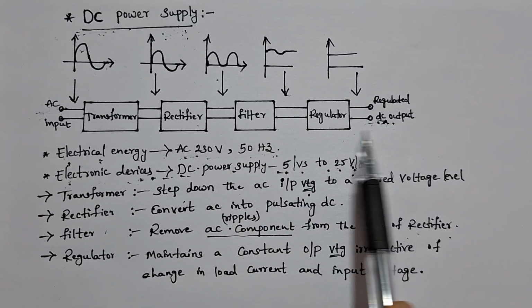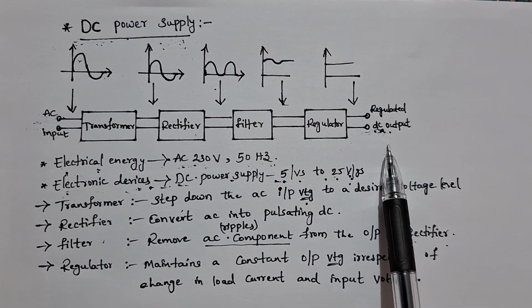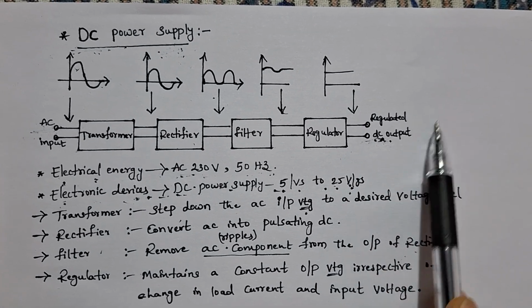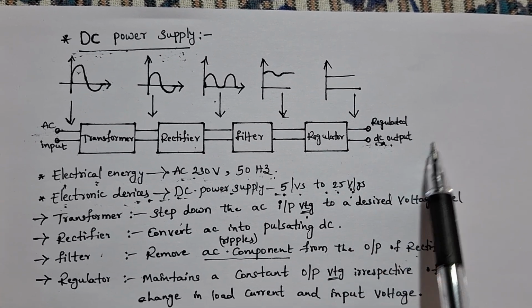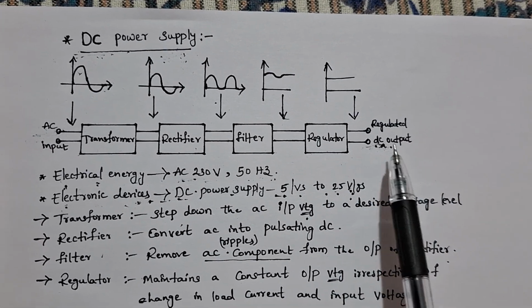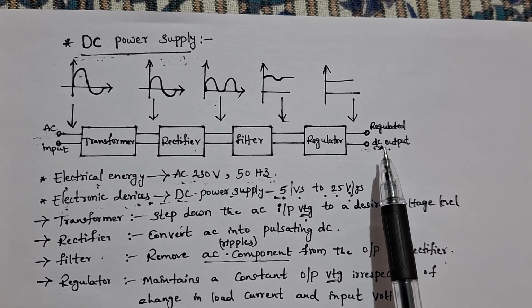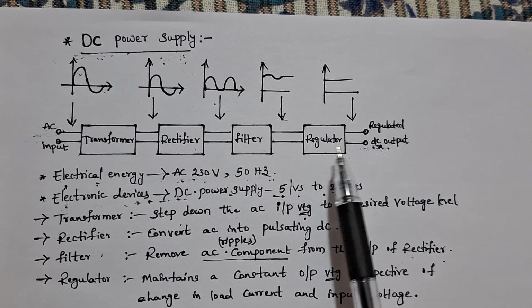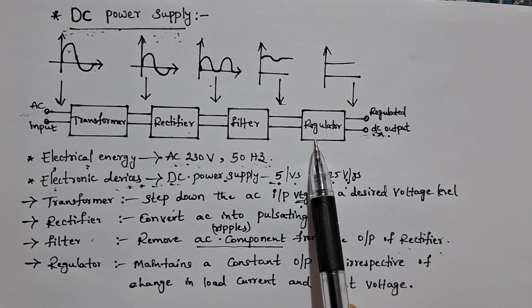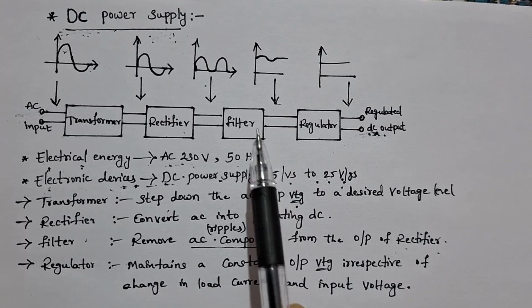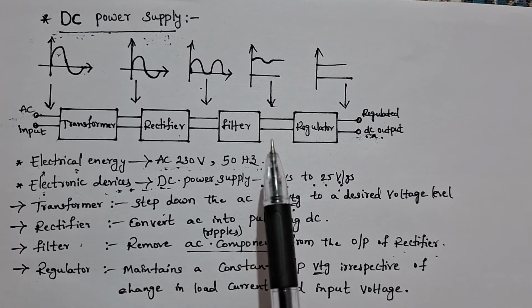Finally, we have a voltage regulator. The function of the voltage regulator is to produce regulated DC supply, which means it should provide a constant output voltage even though there is a change in load current and input voltage.